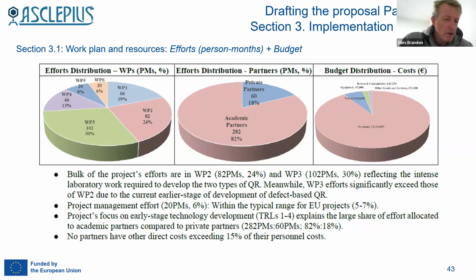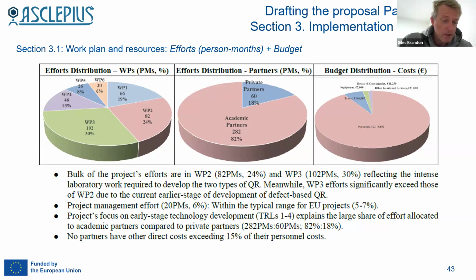The thing you need to know here is that for all of these Horizon Europe proposals, the number of person months allocated to project management should lie somewhere between 5 to 7% of the total number of person months.